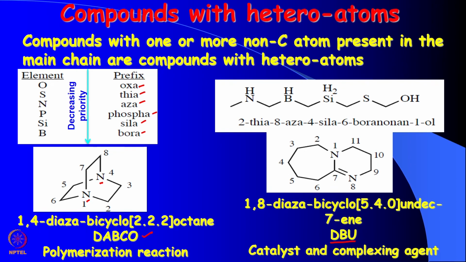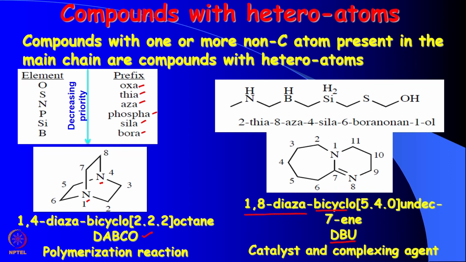So, the name is similar, bicyclo[5.4.0], because on this side you have 5 atoms, on the other side you have 4 atoms, and the bond is there between the 2 atoms. So, it is bicyclo[5.4.0]undecane, 7-ene because you have a double bond at the 7 position, and there are 2 aza groups. So, we write diaza, 1,8-diaza.